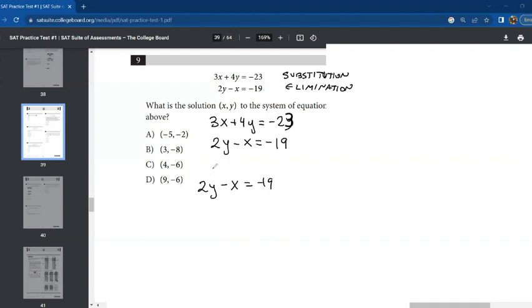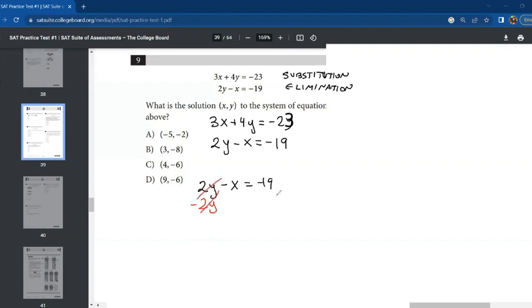To solve the equation, always look at what you have on the left side and on the right side, and I want to have, in this case, the x by itself on the left side. That means that I have to take away the 2y from here. So I have to subtract 2y to cancel it immediately.